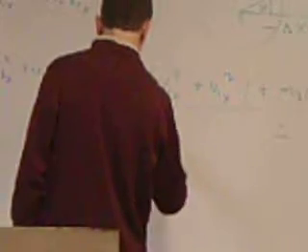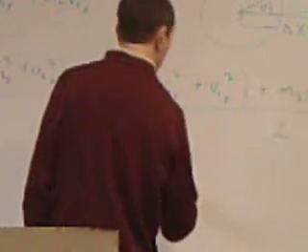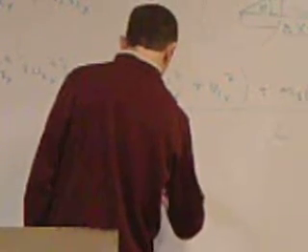So we have the tangent of theta equals opposite, so delta y of v2, over delta x of v2. So that's our relationship.